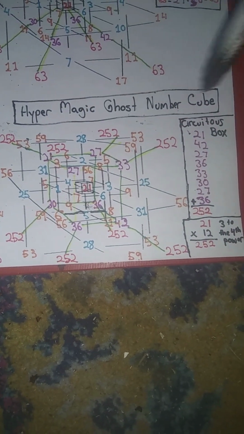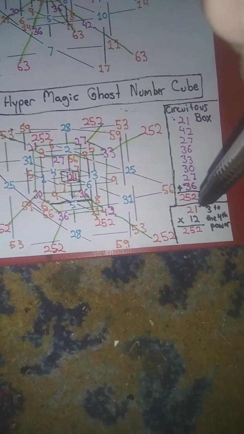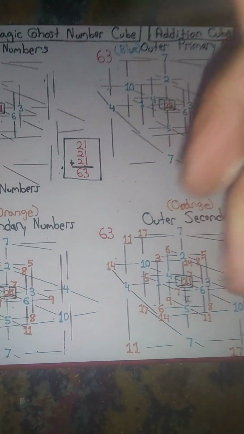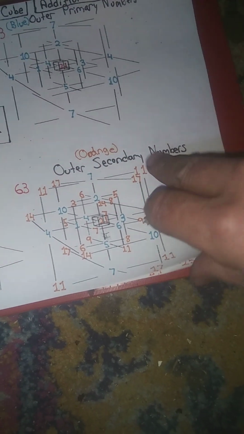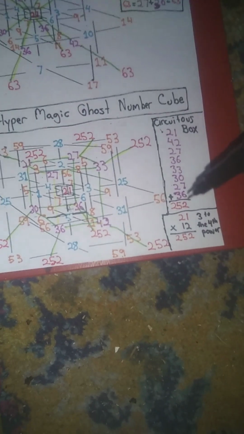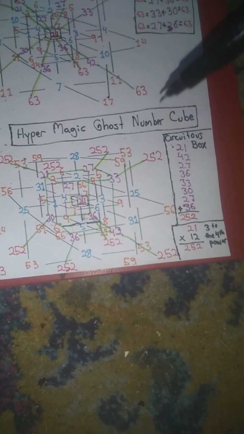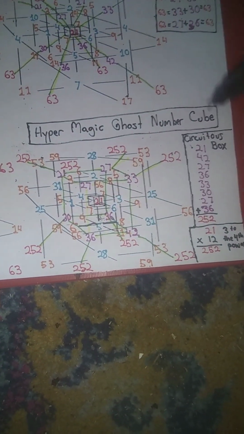It's a hyper magic ghost number cube because it is 3 21s, 4 times, raised to the 4th power. 3 21s is 63, and 12 21s, which is 4 3s, is 252. So it's expanded by a 4th power, and that gives you the hyper magic ghost number cube.